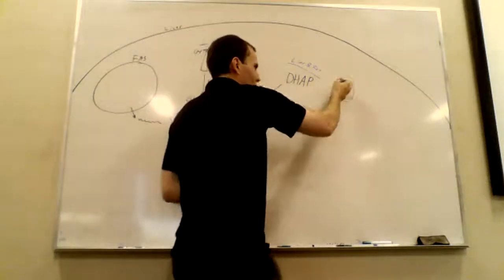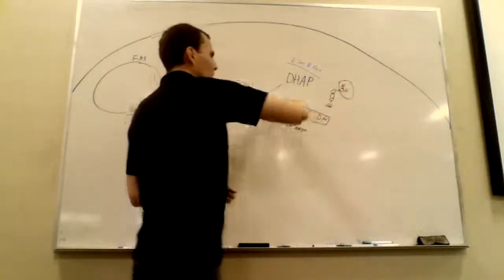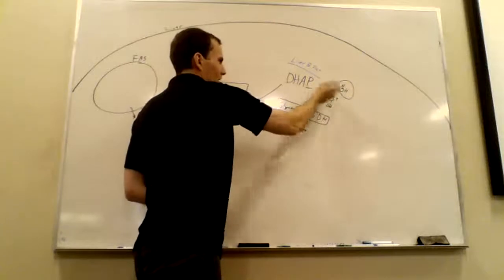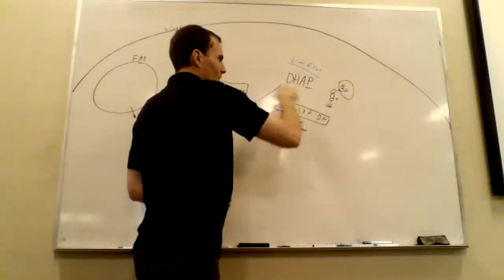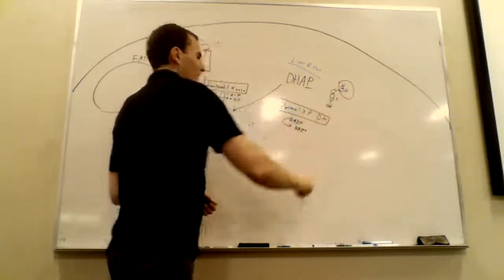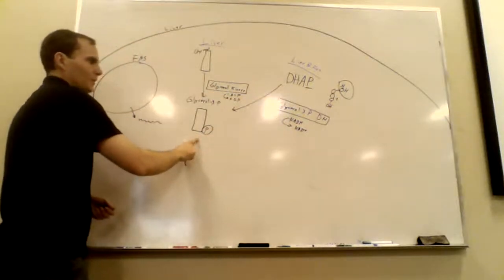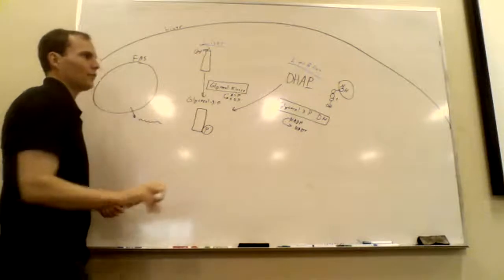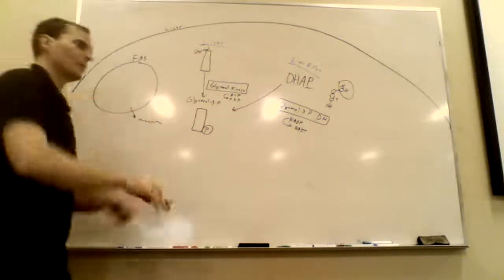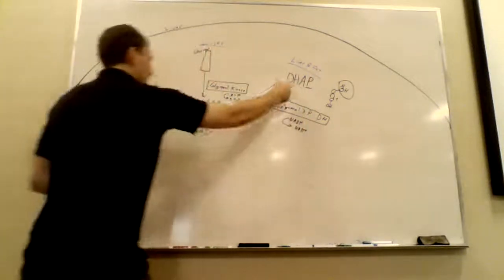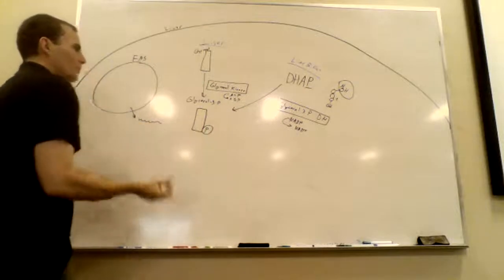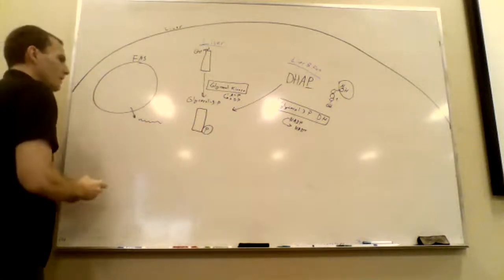So it floats away, and you've taken off an entire hydroxyl group, and it's still got the phosphate. That's how a dehydrogenase can take DHAP and turn it into glycerol 3-phosphate. You've taken off the hydroxyl group by turning it into water. All right, so both of those end up with glycerol 3-phosphate.